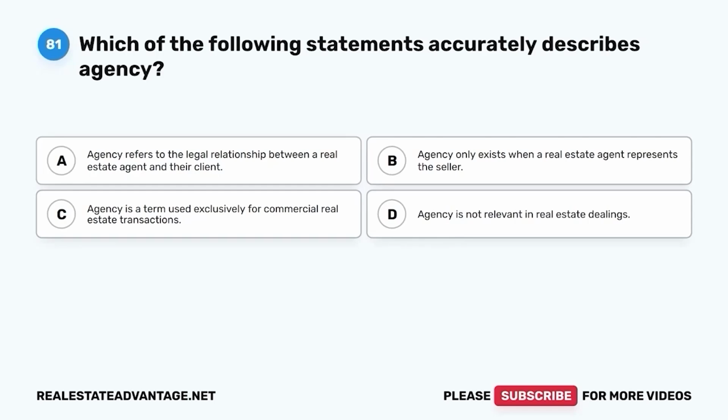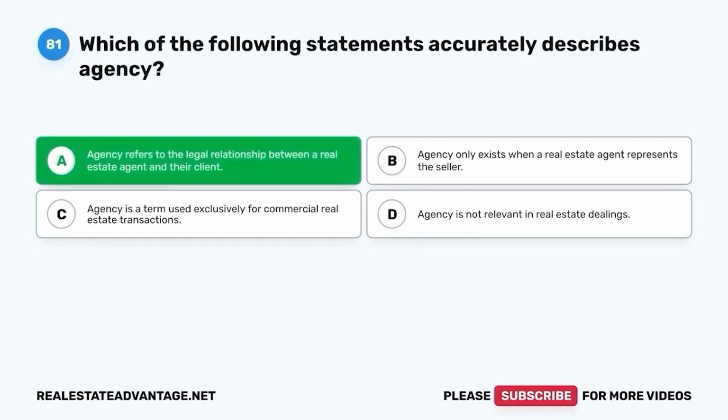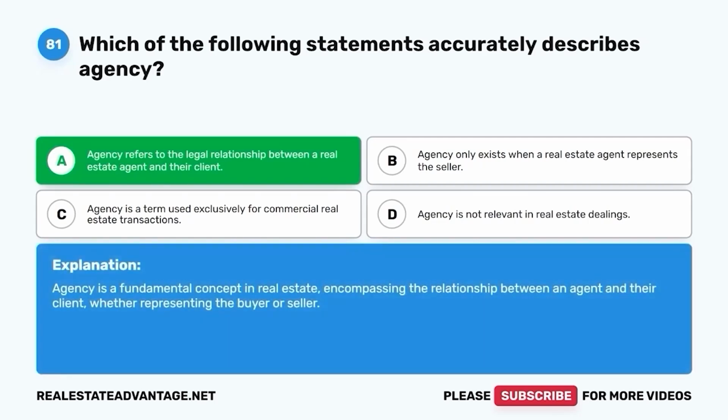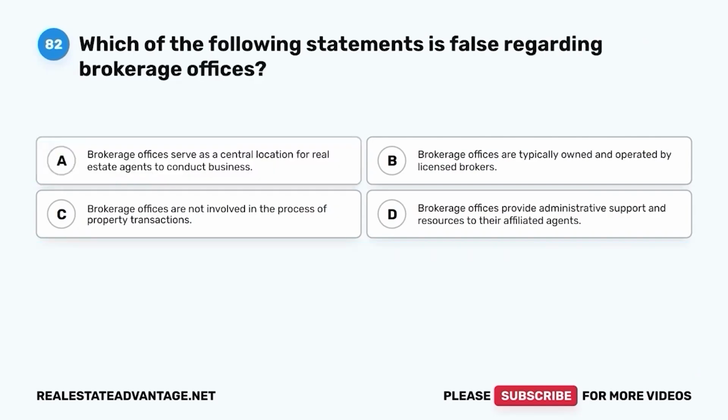D. Agency is not relevant in real estate dealings. The correct answer is A. Agency refers to the legal relationship between a real estate agent and their client. Agency is a fundamental concept in real estate, encompassing the relationship between an agent and their client, whether representing the buyer or seller.